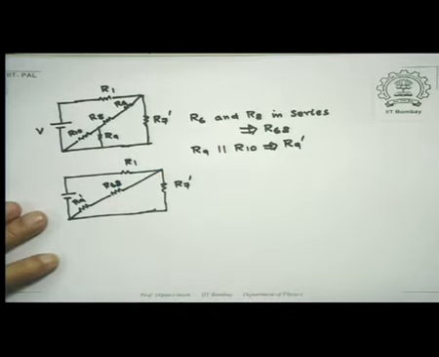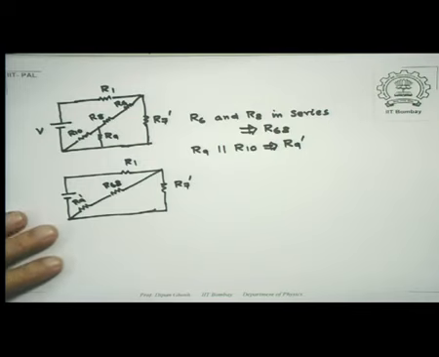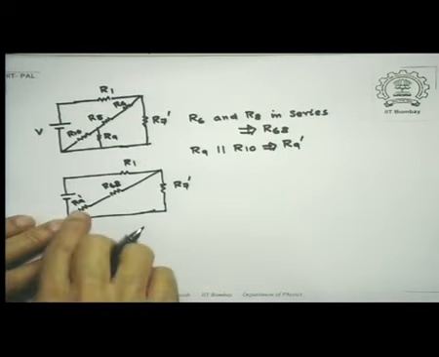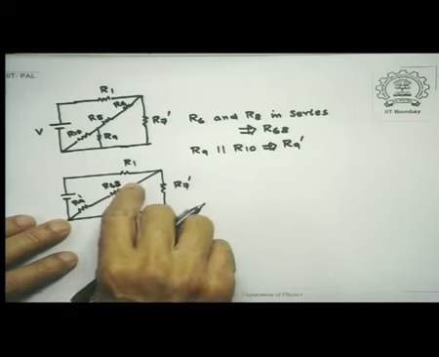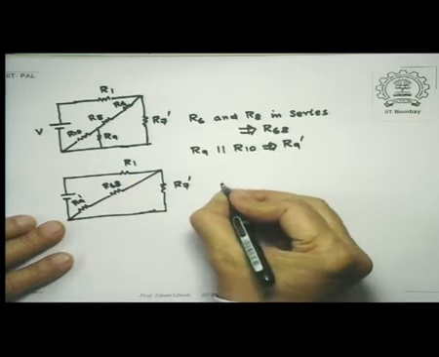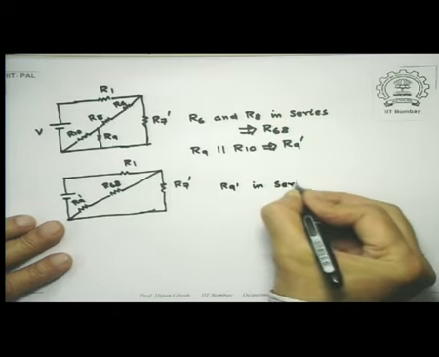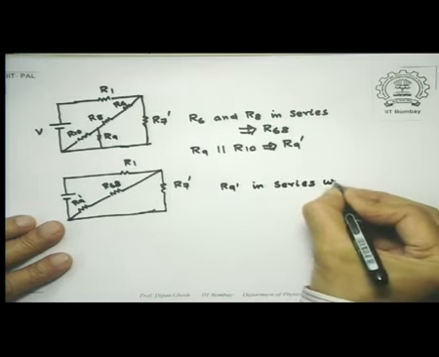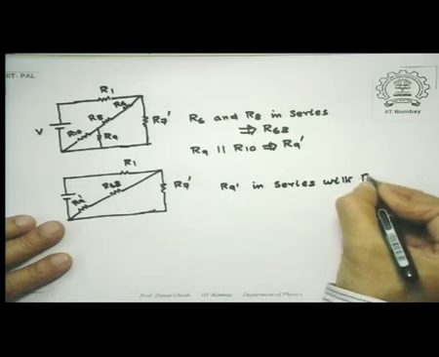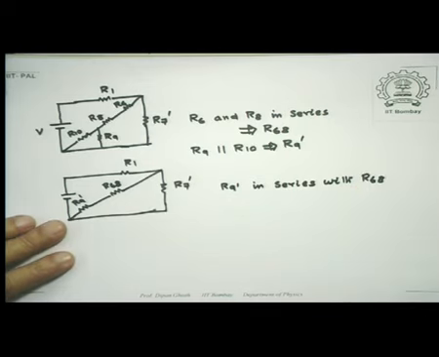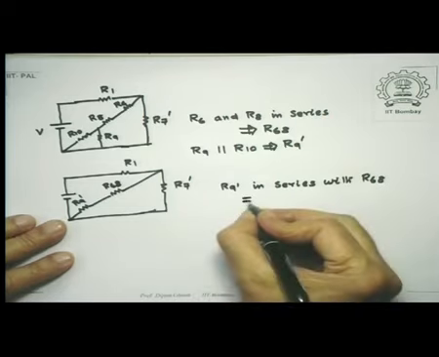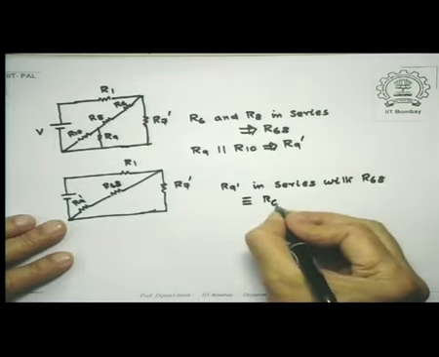Now look at this circuit now. So what we find is that R9 prime and R68 are in series. And this combination, whatever you want to call it, let's call it R689.